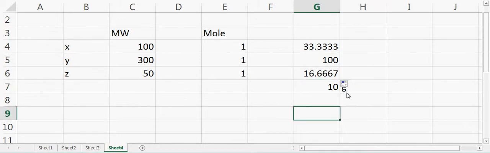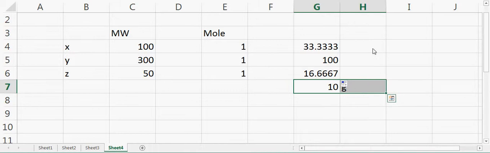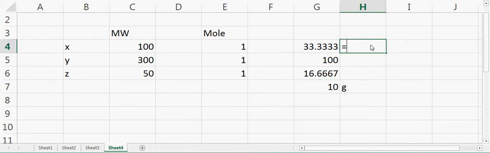So again we will take the sum of all these three together, this plus this plus this, and then we multiply it by this. Now it gives us the weight percent, and then we multiply it by the 10 here.